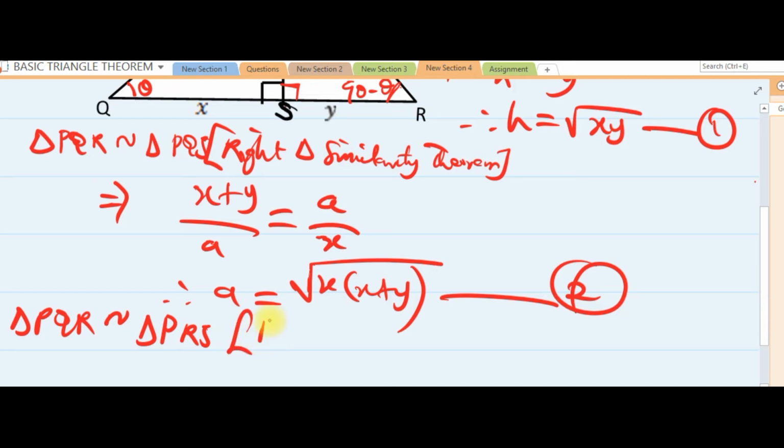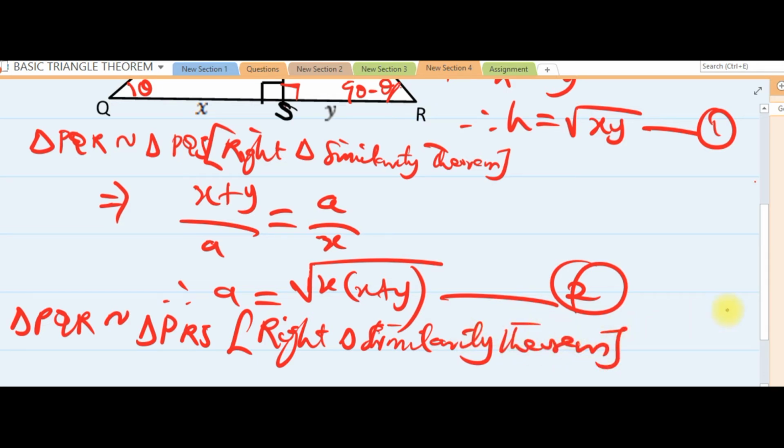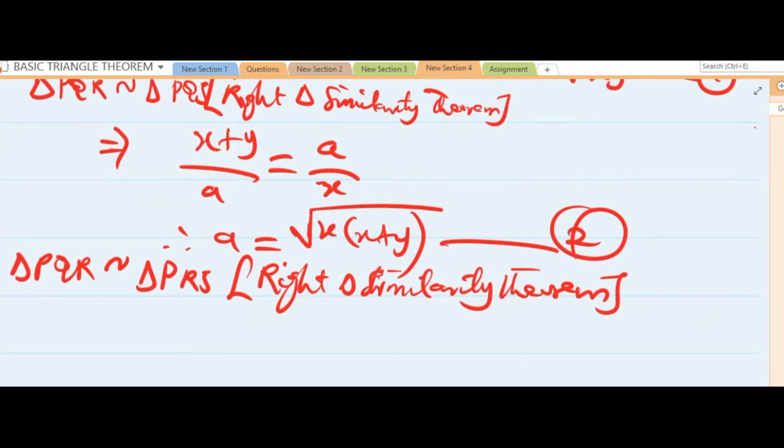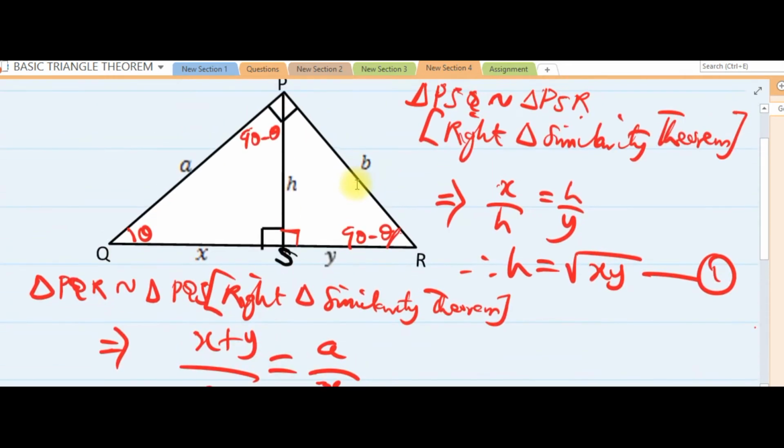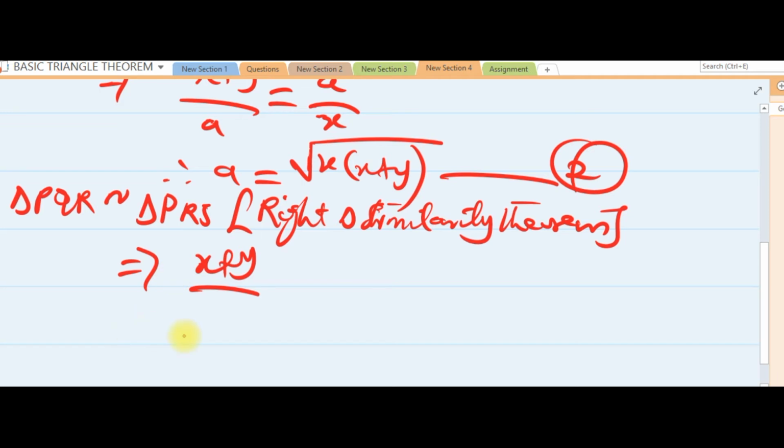The same way, right triangle similarity theorem. So the two are similar by the theorem, which implies that again x plus y over, where is the other leg, b, must be equal to b over y.